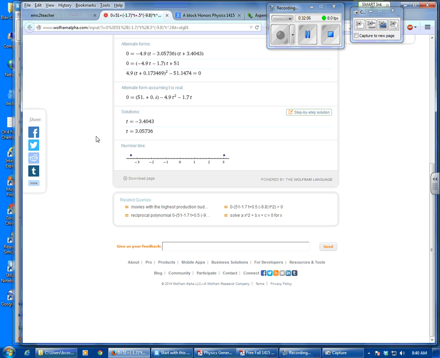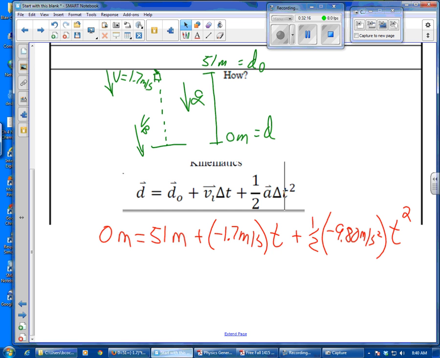So 3.06 should be my answer. Now, of course, you can use everything that you've learned in math to get the same answer, and that's probably a good idea. But there are other tools available to you also, just so you know they're available.